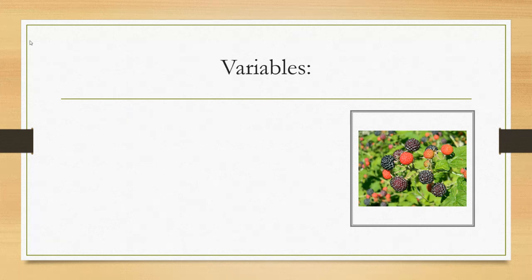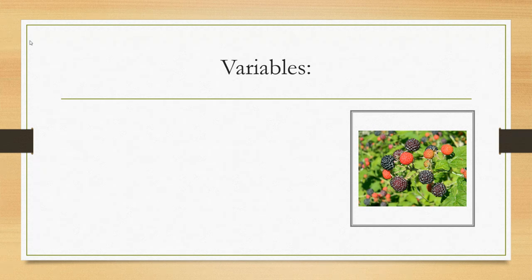Once we've set up our experimental and control groups, we need to identify variables that could affect the outcome of our experiment. Because once we get the results, we want to know that those results are attributable to that treatment and not because of something else.